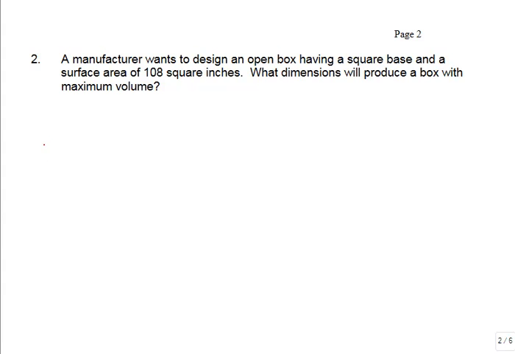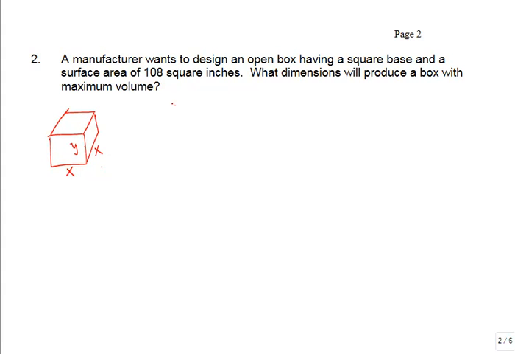So we're going to have a square base, and then we have our box coming up like this. So if the base is square, that means its dimensions on the bottom have to be the same. So if I call this dimension x, then this would also have to be x. But it doesn't say anything about what the height is. So the height could be anything, so let's call it y. So here are my dimensions.